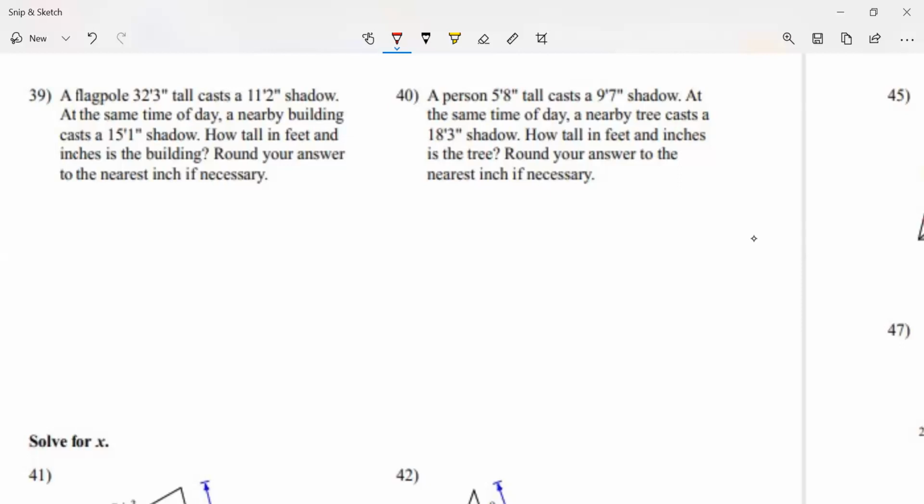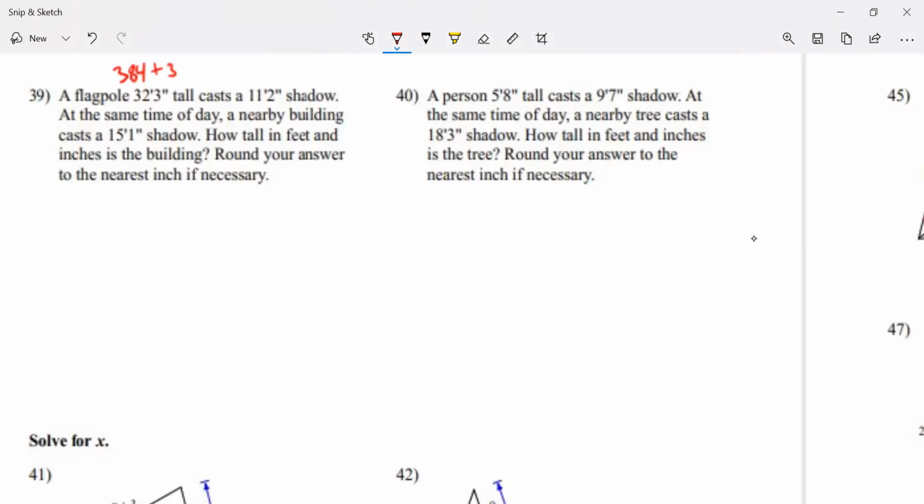Now, I know that 32 feet, I'm going to convert that to inches. So I'm going to go 32 times 12. I'm multiplying by 12 because there are 12 inches in a foot. So 32 feet will be 384 inches. Now 32 feet and 3 inches is 384 inches plus the 3 inches.